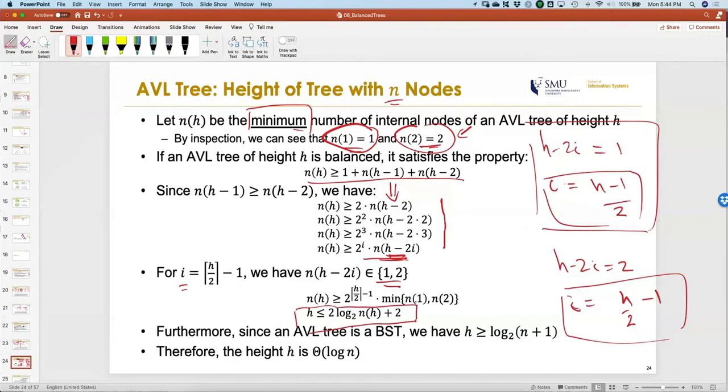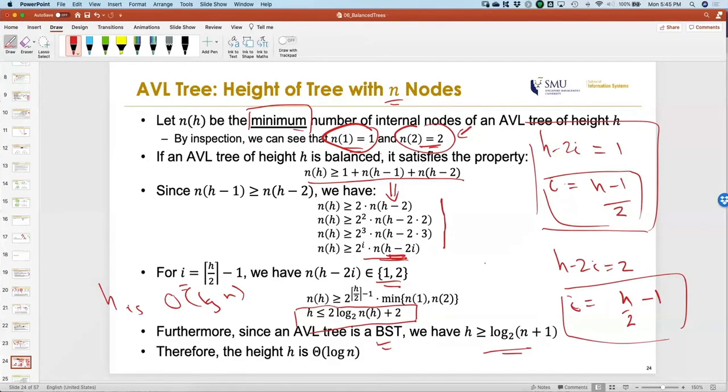Okay, so for a balanced tree, the height is bounded by 2 log n plus 2. Now what it means is that I can then write that h is O(log n), right? That's just flowing from the basic property of the big O itself. Not only that, since it is a binary search tree, I also know the smallest possible height of a binary search tree of n nodes, and that is given by log base 2 of n plus 1.